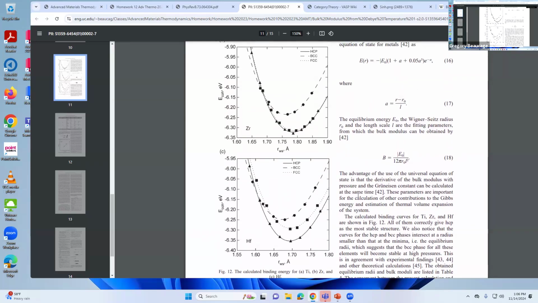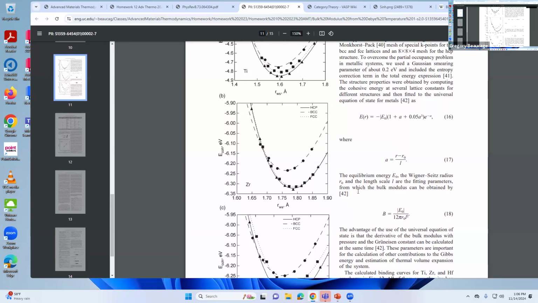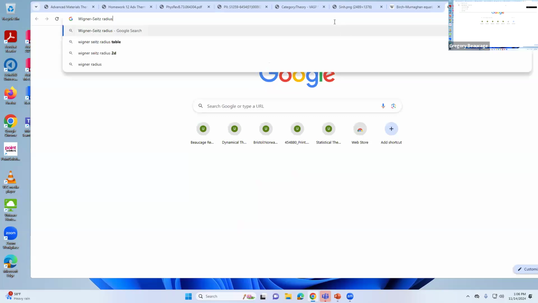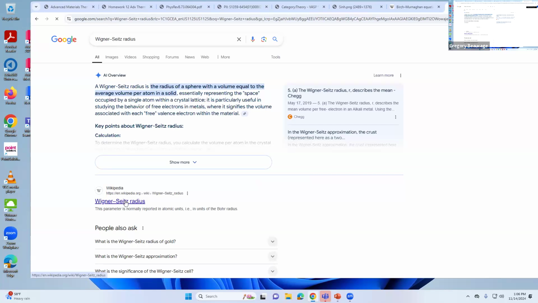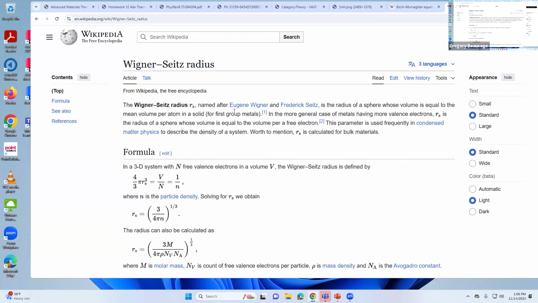It might be the atomic spacing or something like that. Here's R0. The Wigner-Seitz radius, R0. So I think you can just use the atomic radius from that. Let's see what that is exactly. It's a parameter normally reported in atomic units. It's useful.